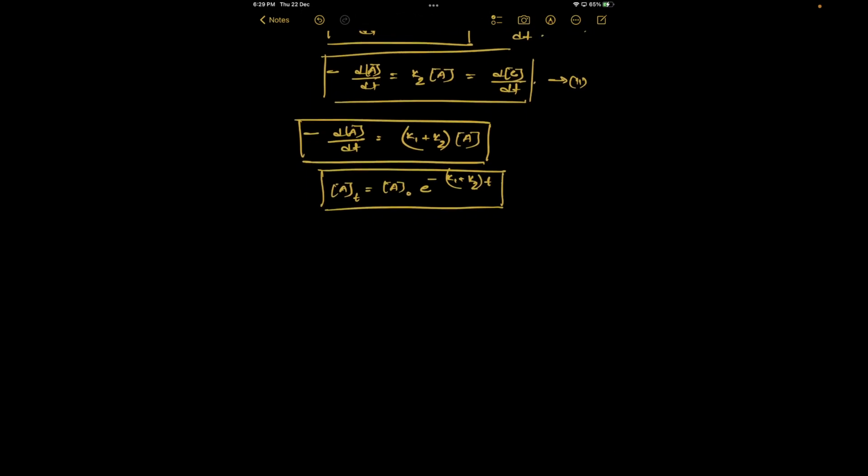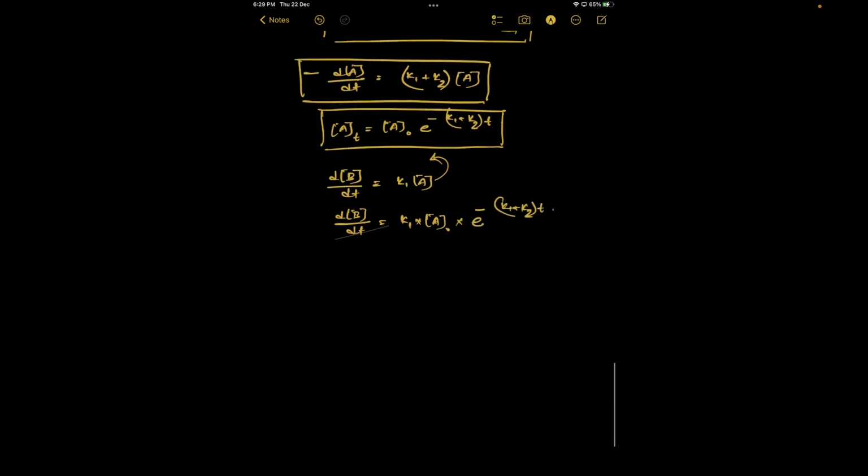Now you can also find the concentration of B molecules and C molecules with time, from the equation dB/dt equal to K1 times A, right? And you know dB/dt is now K1 times A0. We know the expression of A, just put it here: A0 times e to the power minus (K1 plus K2) times t, right?